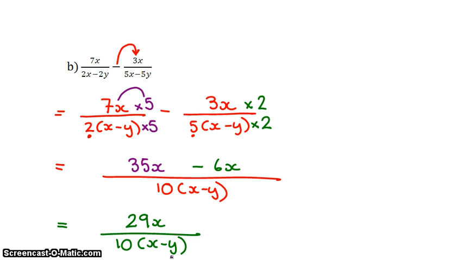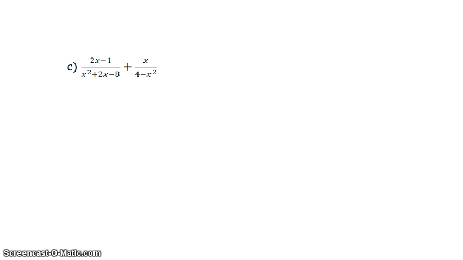Now, I can't simplify any further because the x's cannot cancel, because this x is part of a bracket, which means if you can't cancel the whole bracket, you can't cancel it. And 29 divided by 10 isn't simplifiable because there isn't a common factor for 10 and 29. So that's our answer.